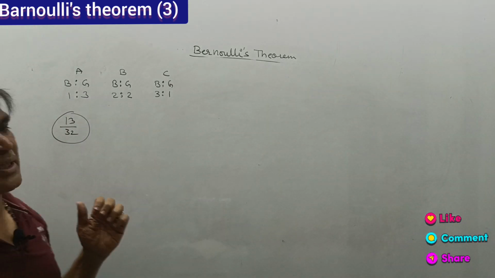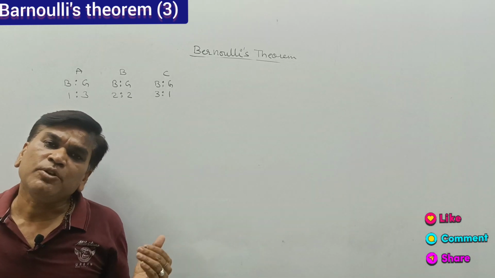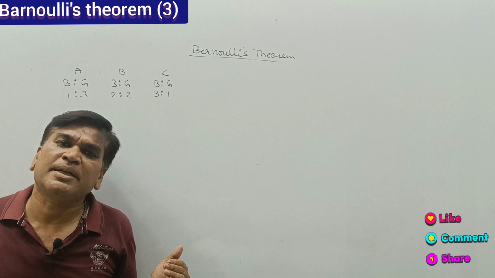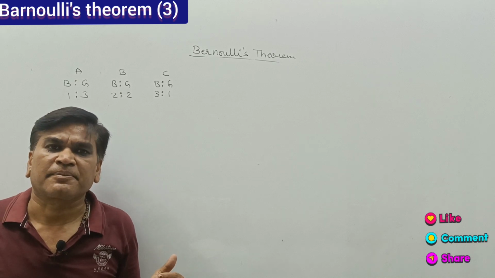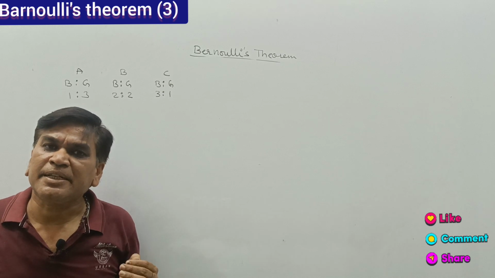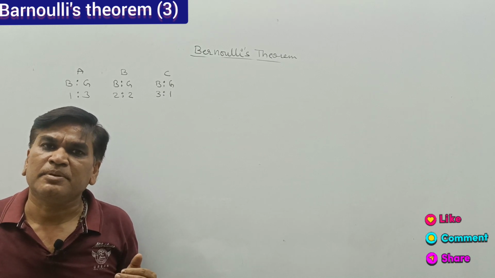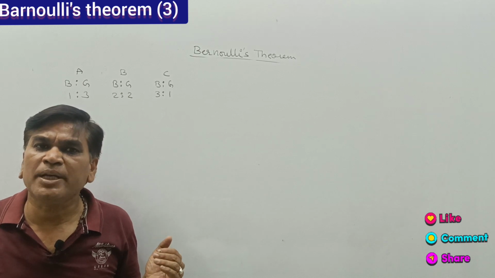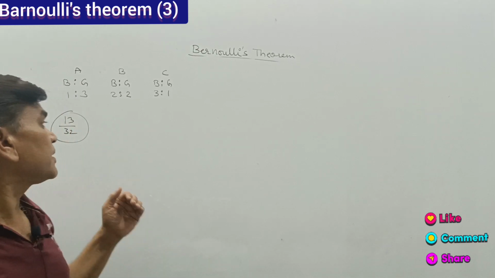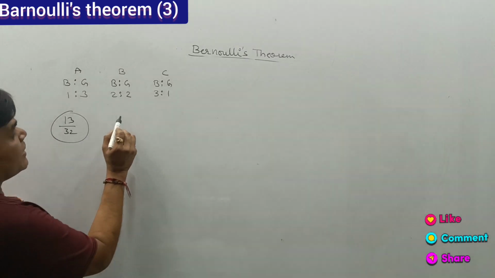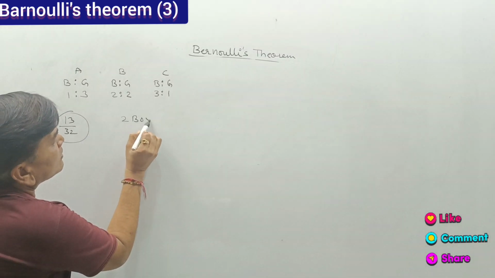Again I am repeating the question. Three groups of children contain one boy and three girls, two boys and two girls, and three boys and one girl. Now, one child is selected from each of the groups. Find the probability of two boys and one girl. The probability will be 13 upon 32. So we are to select two boys and one girl.